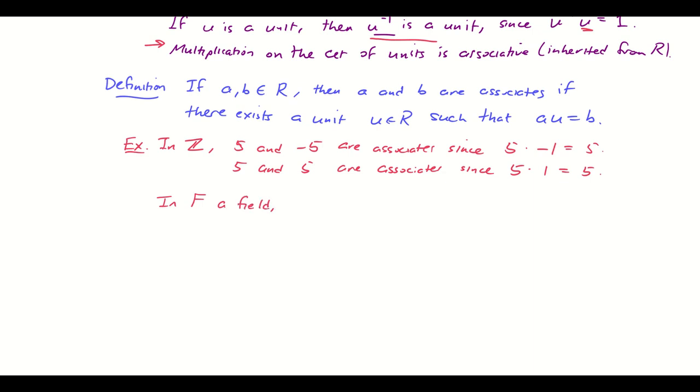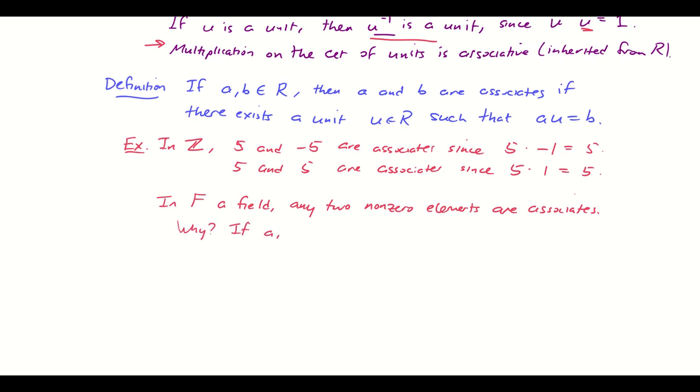All right, what about in a field? In a field, any two non-zero elements are associates. Why is that?